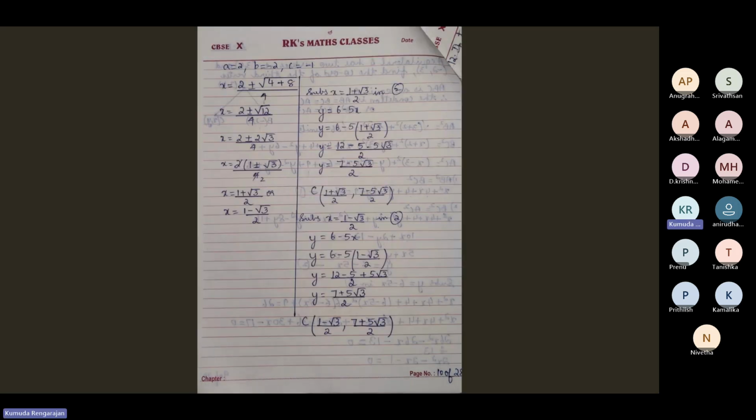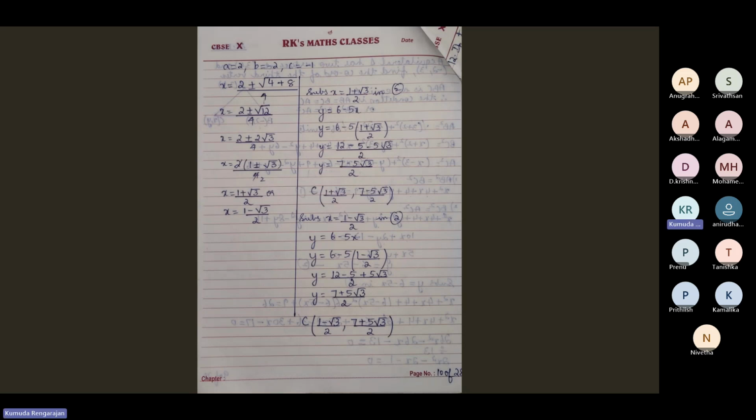So we've seen 2 different questions. The first question in today's class was about a square. The coordinates of 2 diagonally opposite vertices were given, and we had to find the coordinates of the remaining 2 vertices. To answer that question, we have to work with 2 conditions. One is all the sides of a square are equal, and then Pythagoras theorem.